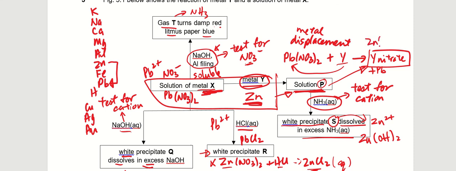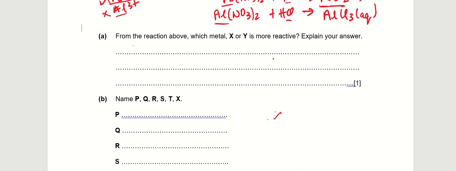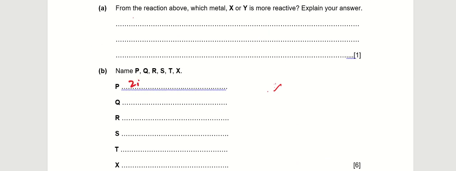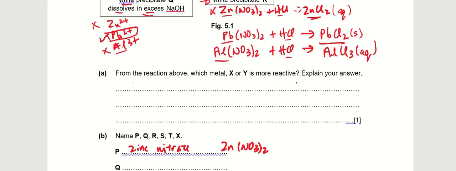So P here is actually zinc nitrate. So let's write that down. P is zinc nitrate with a formula of Zn(NO3)2. Okay, that's P.